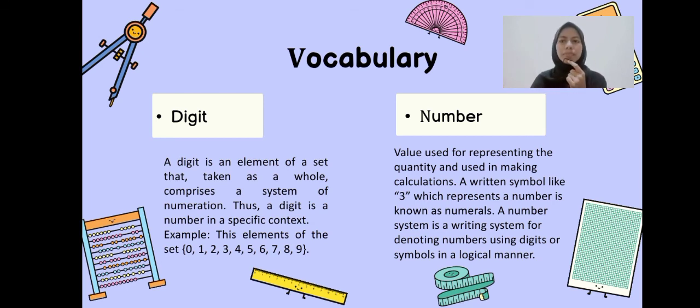What is a number? A number is used for representing quantity and used in making calculations. A written symbol like 3, which represents a number, is known as a numeral. A number system is a writing system for denoting numbers using digits or symbols in a logical manner.